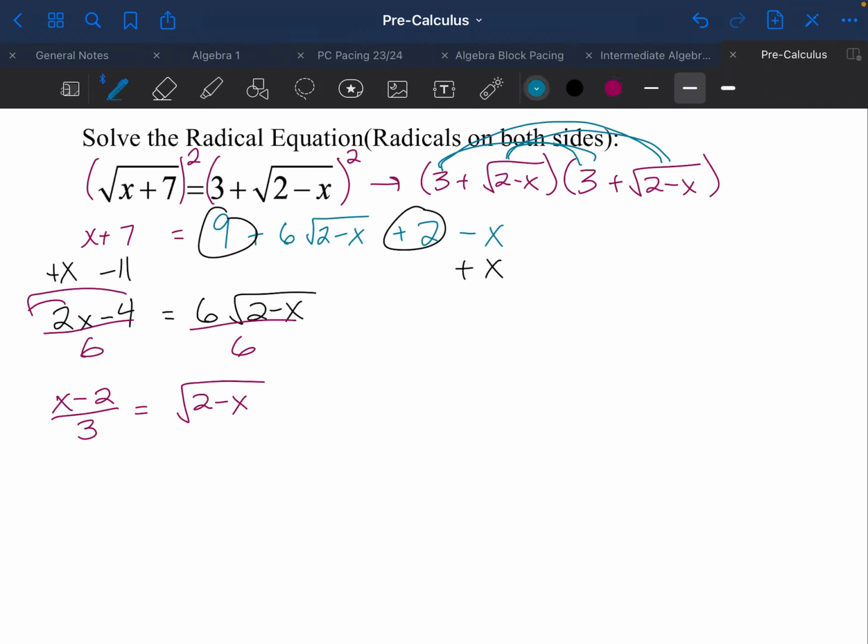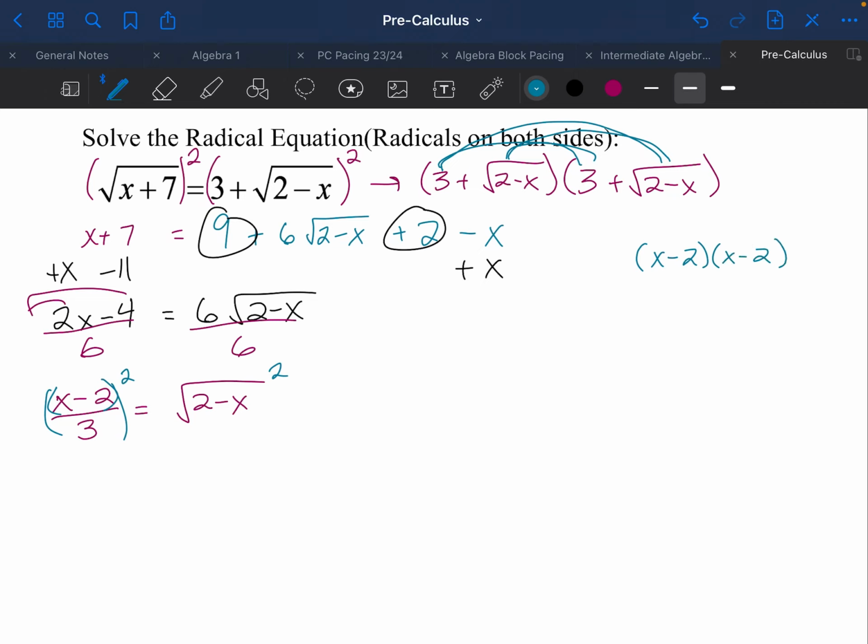Now we've got to square both sides. I'm not just squaring the numerator, we also have to square the denominator as well. So I have to do this quantity, x minus 2 squared. I see people try to distribute that square. We cannot do that. We have to go through and FOIL. So if you want to, over to the side, do your x minus 2 times x minus 2.